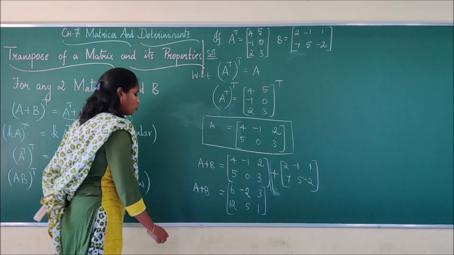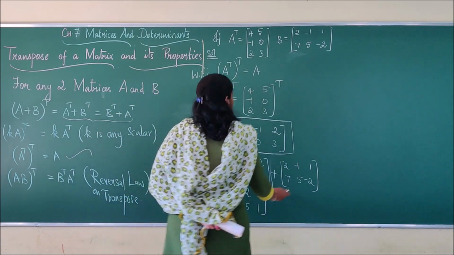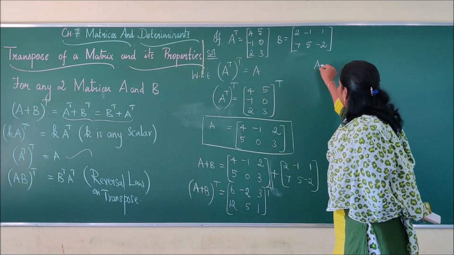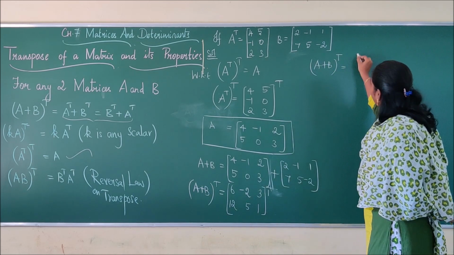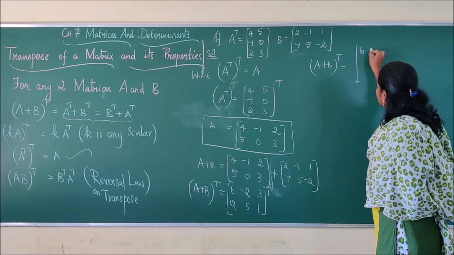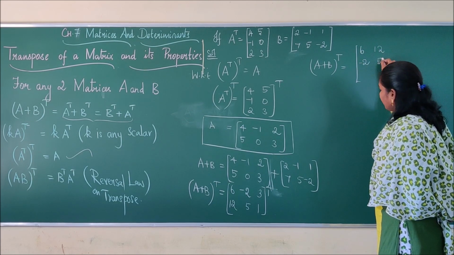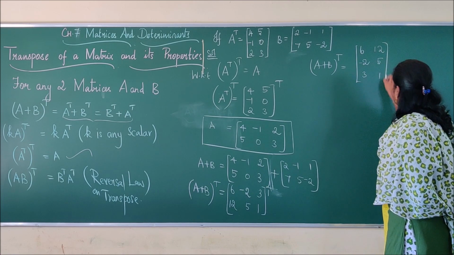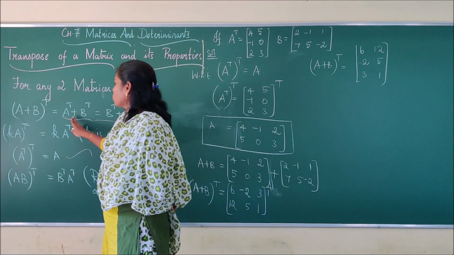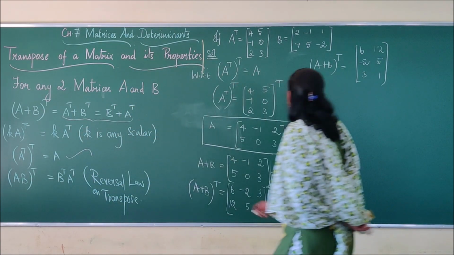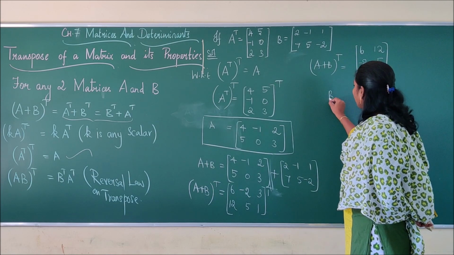And now I am going to take the transpose of this, which is nothing but A plus B the whole transpose, which is 6, 12, minus 2, 5, 3, 1. Now what we are going to do is, we are just going to add A transpose plus B transpose, right? So what is my A transpose here? They have already given. Before that, we will just find the B transpose.